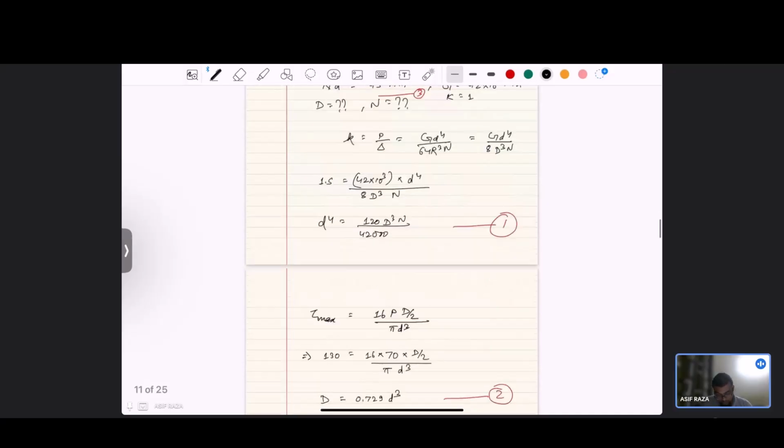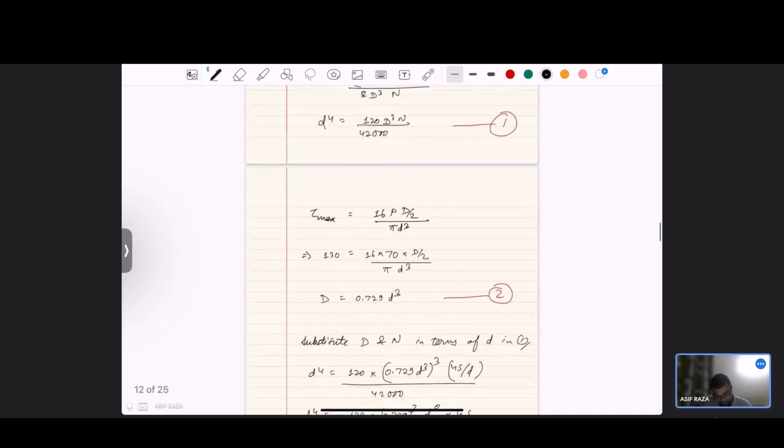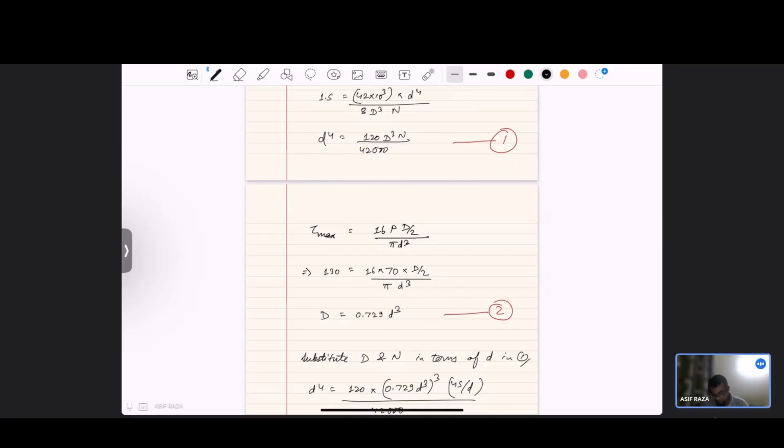Let me do the correction. Check it. 130 into pi divided by 16 divided by 70 into 2.